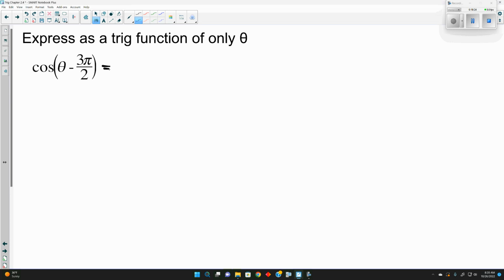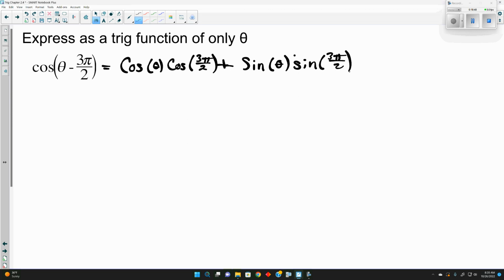So cosine of theta minus 3 pi over 2, looking at u minus v, would be cosine of theta times cosine of 3 pi over 2 plus sine of theta times sine of 3 pi over 2.